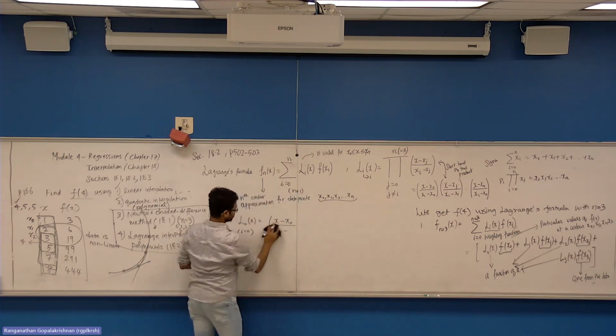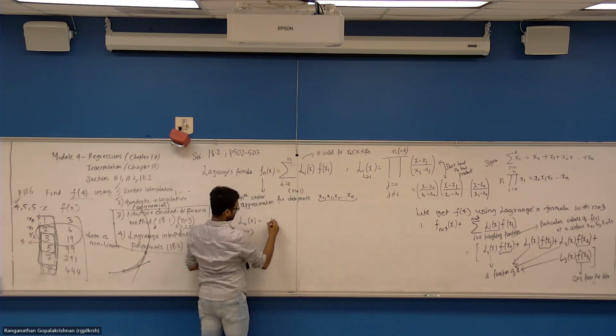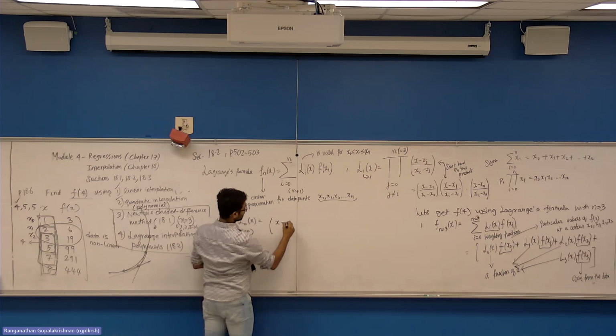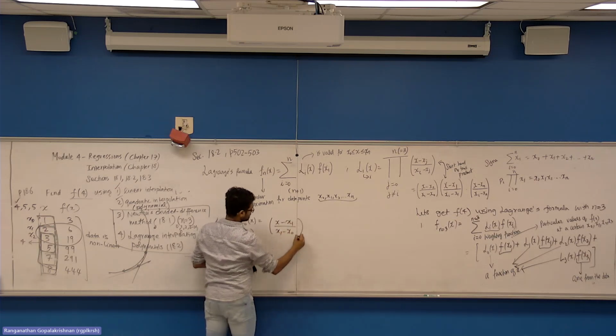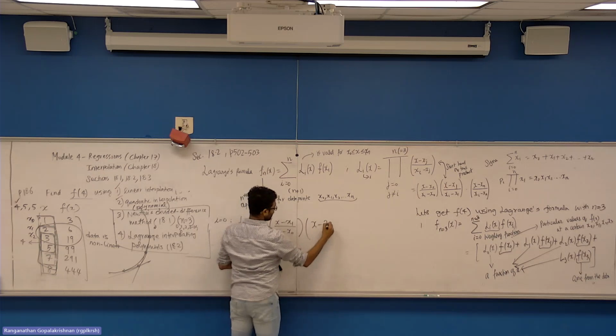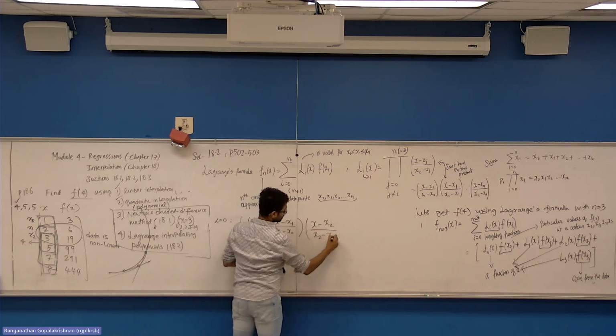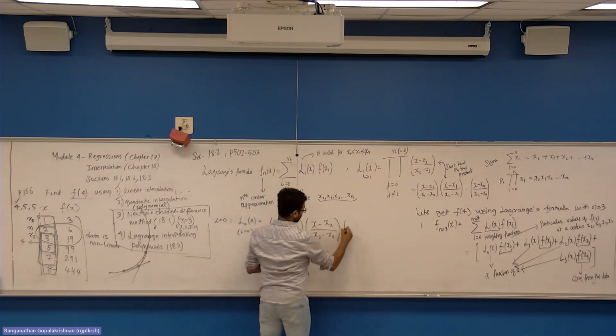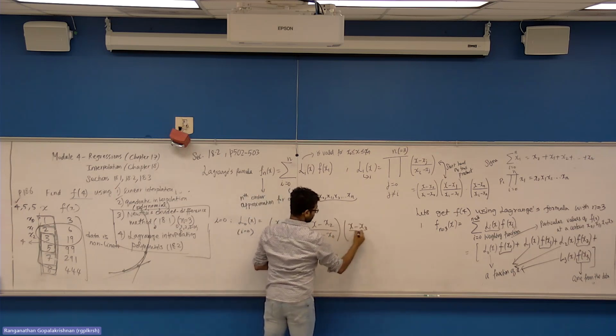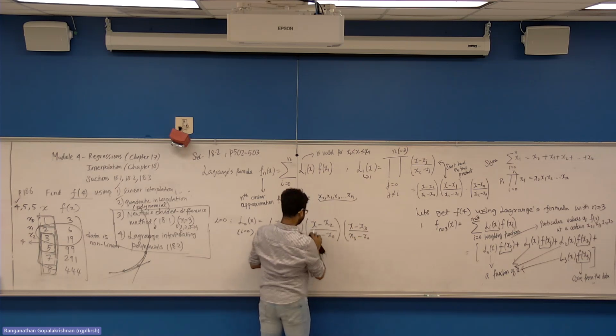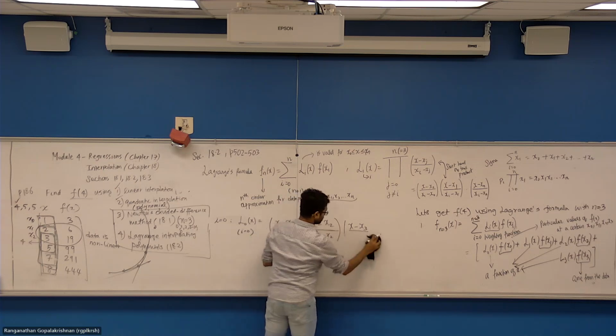So the first term will be x minus x1 divided by x1 minus x naught, x minus x2 divided by x2 minus x naught, and x minus x3 divided by x3 minus x naught. No. x naught minus x1, x naught minus x2, x naught minus x3.